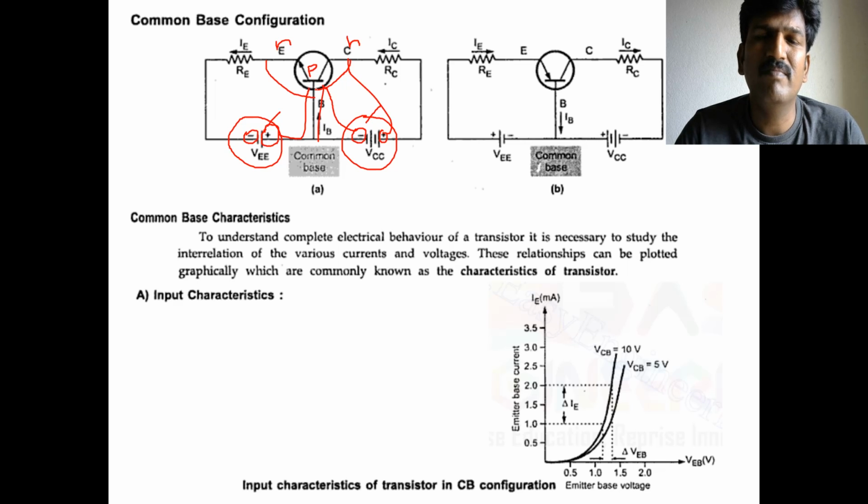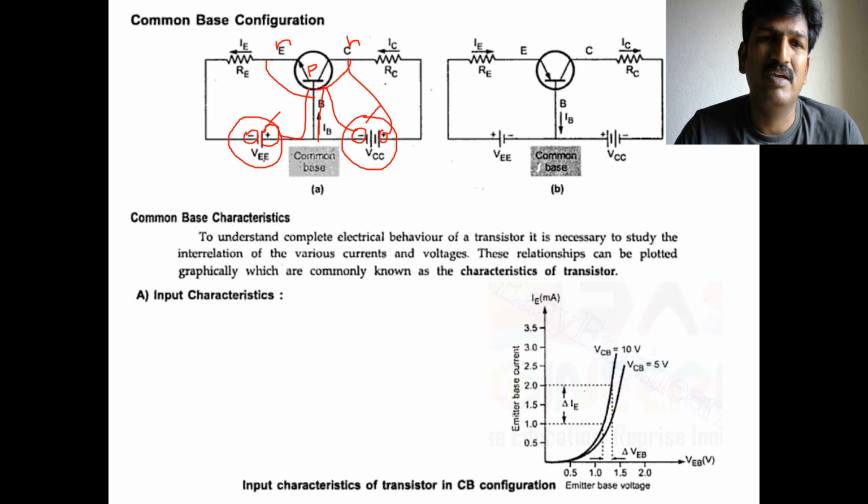So you should remember it has two diodes connected back to back. Base to emitter junction has one diode. Base to collector junction has another diode. Base to emitter junction diode is going to act like a forward bias, and base to collector junction is acting like a reverse bias.